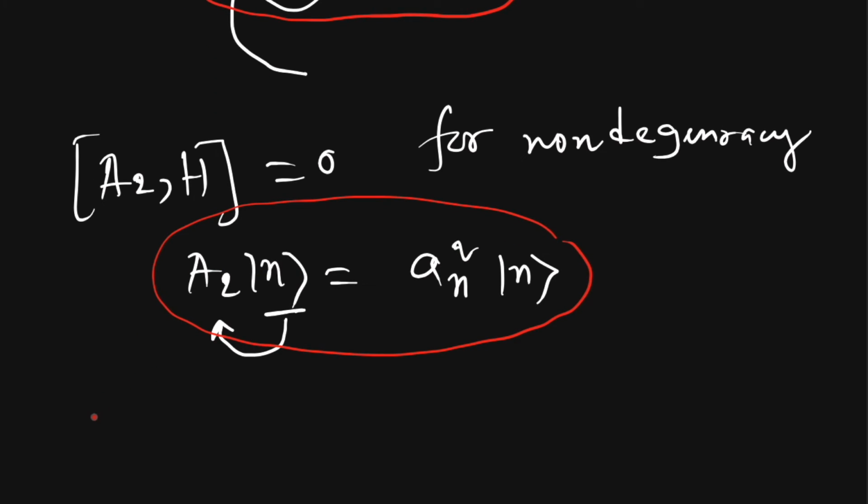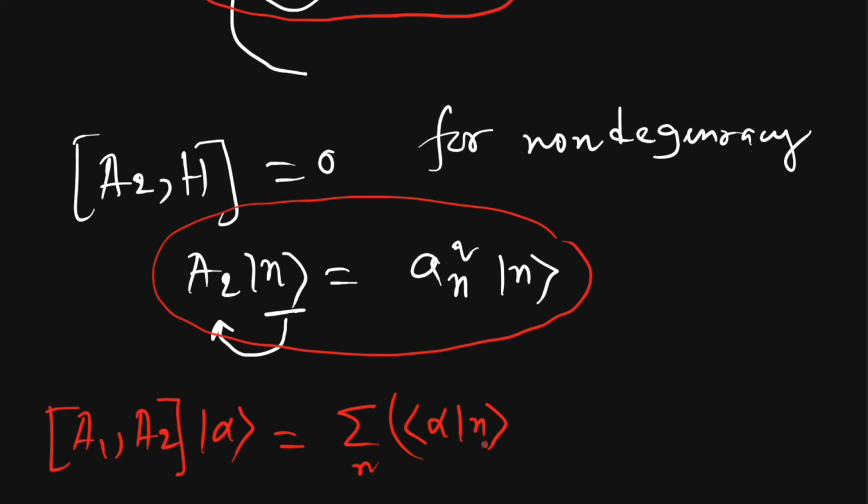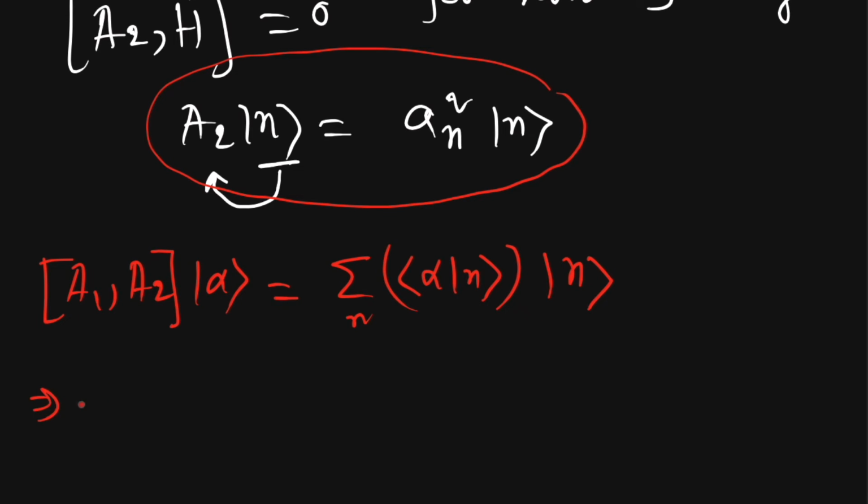Now let us check the commutation relation. Take [A1, A2] on some |alpha>, and since |n> are the eigenkets of the Hamiltonian and the Hamiltonian is Hermitian, we can write |alpha> as a summation over n of |n> alpha_n.